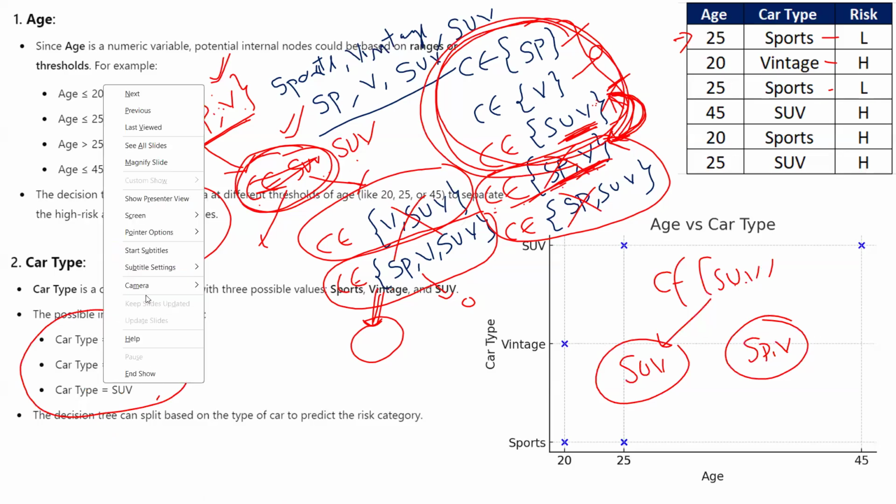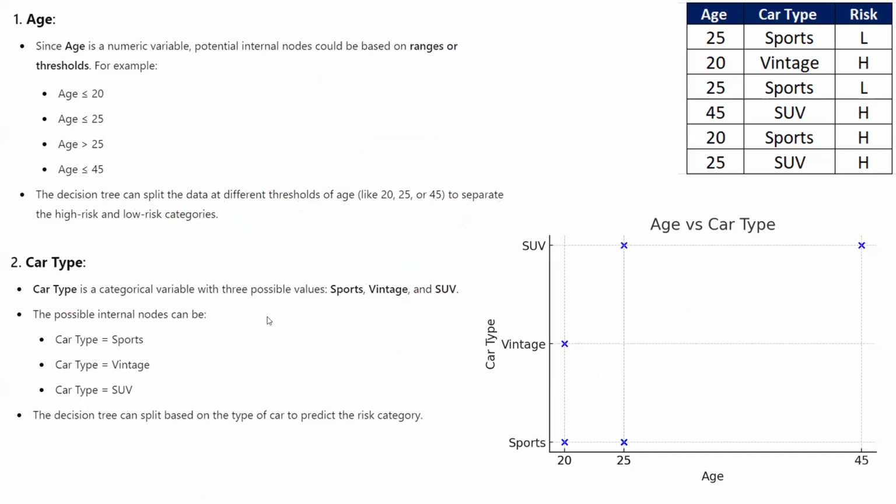Now we came up with the possibilities for categorical variables and numerical variables. We were able to construct different possible combinations out of this age and car types. So for age, what are the two ways to choose the internal nodes? One way is to take only the points that are there in the data, or the other way is to take the midpoints between the values in the training data set.